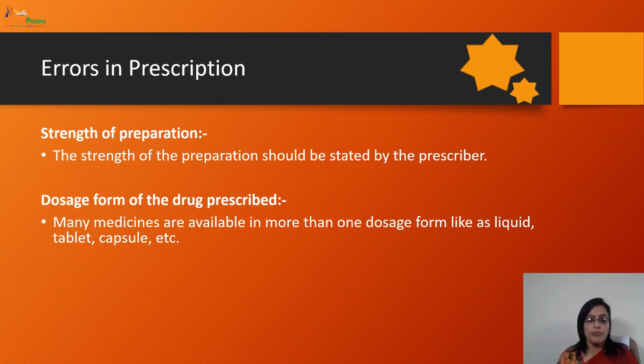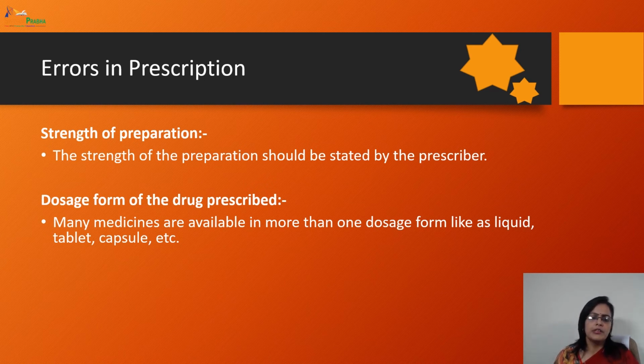Dosage form of the drug prescribed. Many medicines are available in liquid dosage form, solid dosage form, and maybe other kinds of dosage forms. So the pharmacist should only dispense the type of dosage form which is mentioned in the prescription.